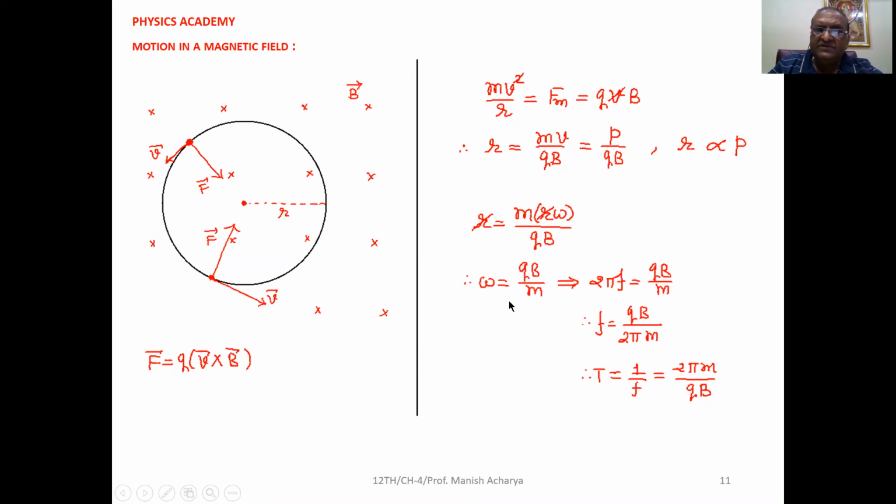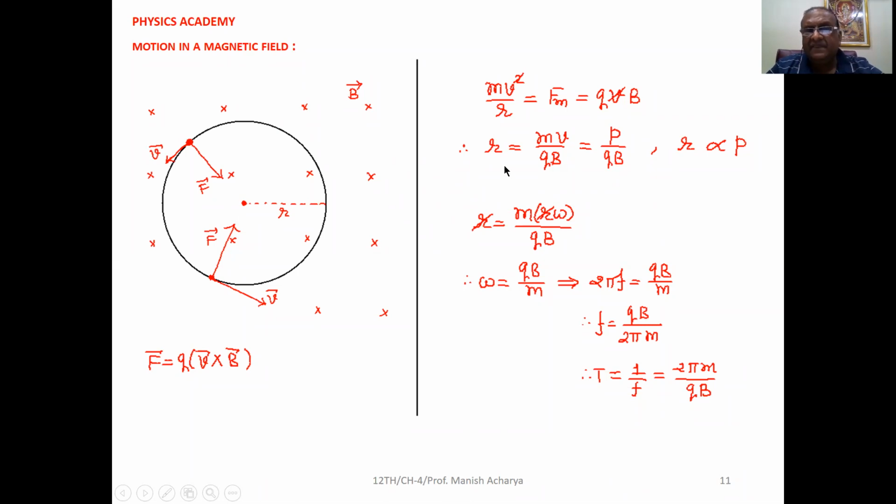This is the equation for the angular frequency of the charged particle executing circular motion here. But omega is 2 pi f. So we can write 2 pi f equals qB upon m. So f equals qB upon 2 pi m. So from this one, we can write the period for its revolution T, which is equal to 1 upon f, that is 2 pi m upon qB.